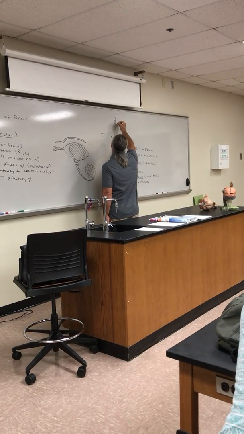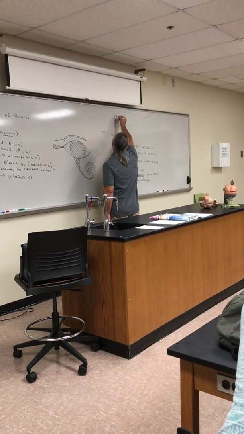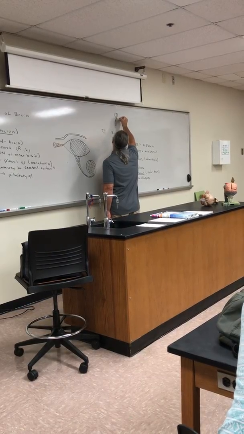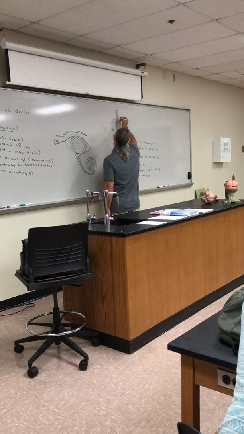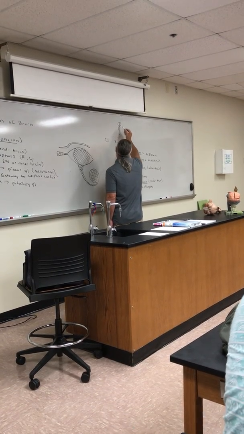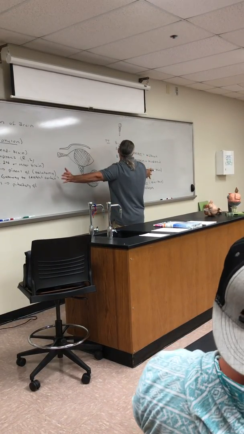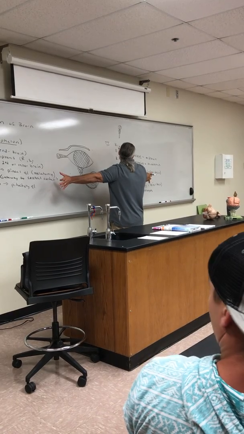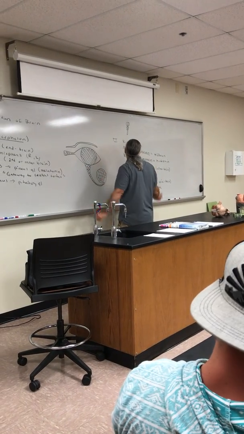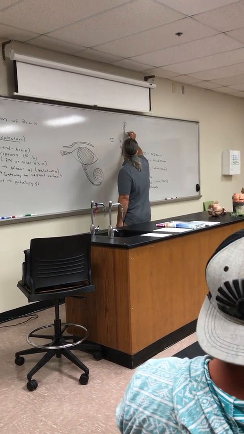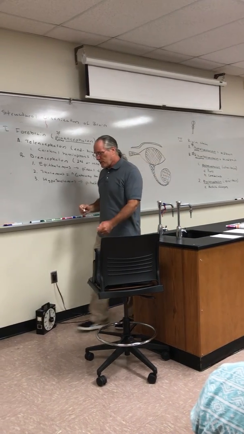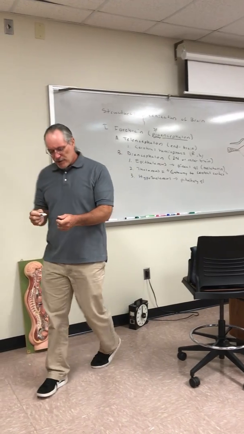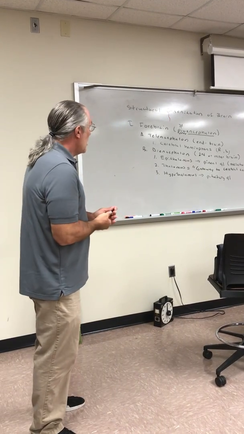The first three outpocketings that develop into your brain are the forebrain, or prosencephalon, the mesencephalon, and the rhombencephalon. Those structures become all these structures that we put out here, and the rest of it becomes your spinal cord. So that's a quick developmental tie-in for you too.